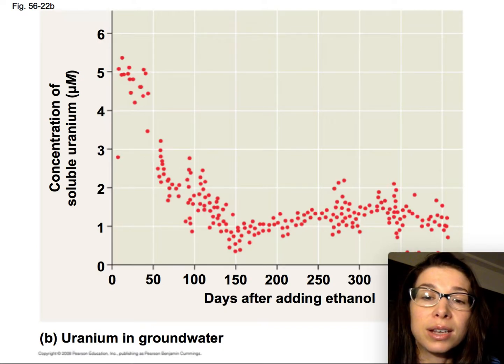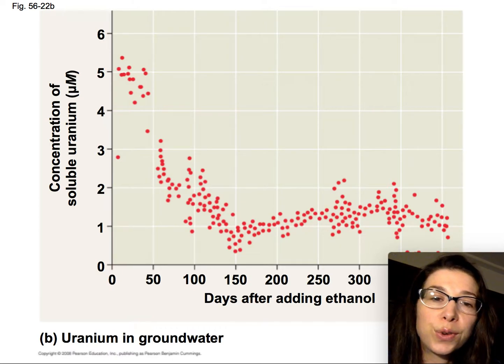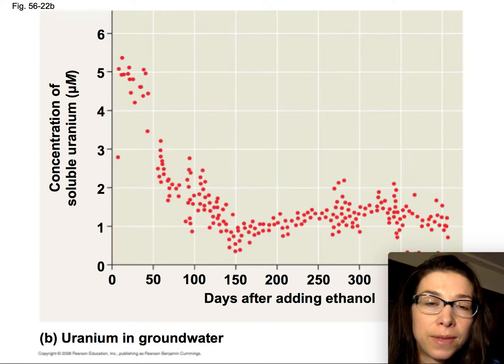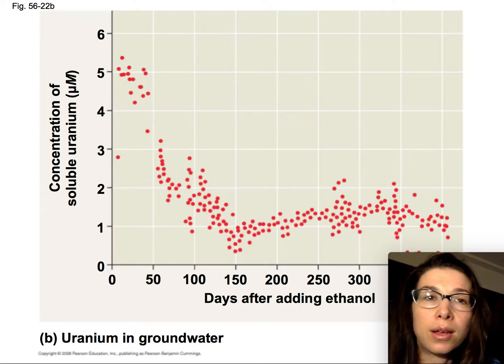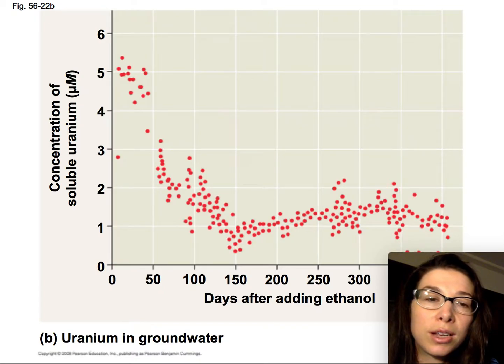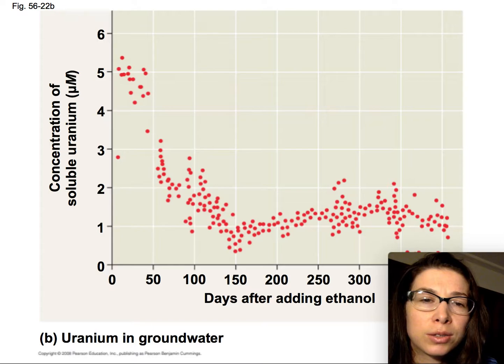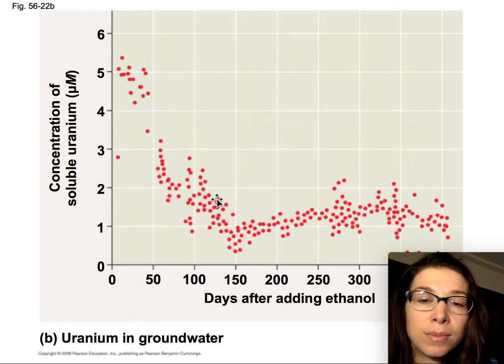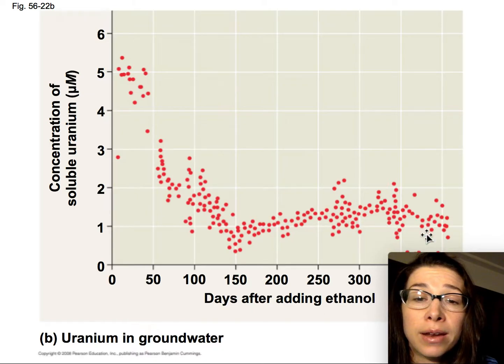So they add nitrates and they add sulfur and all these different kinds of nutrients, and they do find, oddly enough, that ethanol is one compound that will actually increase the ability of these bacteria to take up the uranium. And the group plays around. They also show that if you add more nitrates, the same thing happens. But they realize that if you add more ethanol, the bacteria take up the uranium more, or they divide more, or for some reason there's less uranium in that water source after they add ethanol.